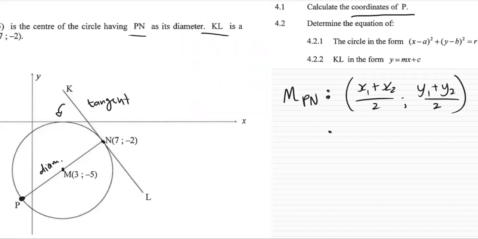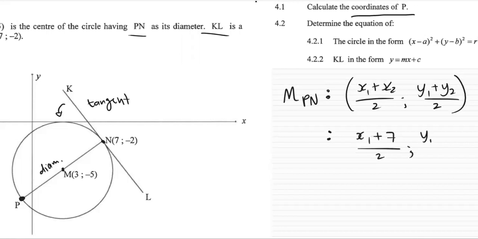Let's sub in our values. We don't know P, so we can just say x1 plus 7, our 7 comes from point N, and then we have that over 2.